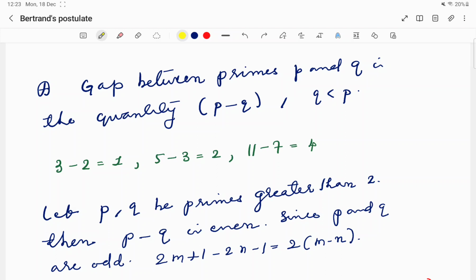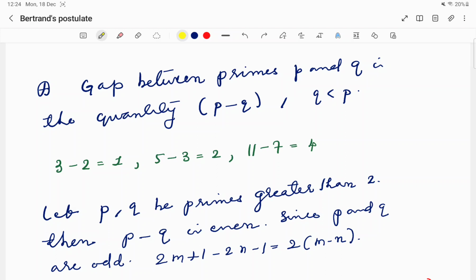Okay, so what is a gap between primes? You know, the primes are the sequence 2, 3, 5, 7. They have the property that they are not divisible by any other numbers; primes are divisible only by themselves and 1, right?